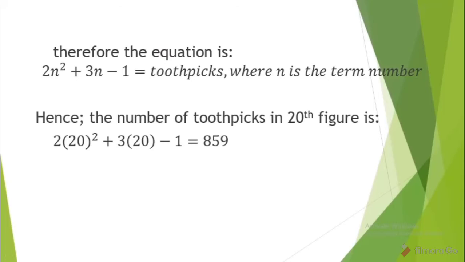Therefore, the equation is 2n squared plus 3n minus 1, and it is equal to the toothpicks, where n is the term number. Hence, the number of toothpicks in the 20th figure is 2 times 20 squared plus 3 times 20 minus 1, and it is equal to 859.